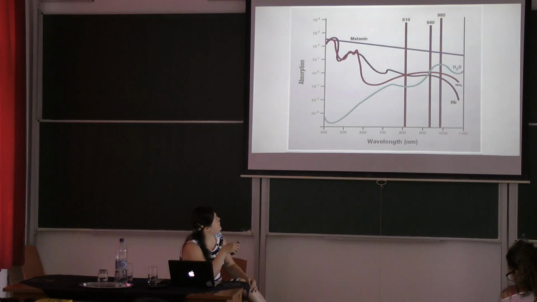So they have found out that 940 has, of course, lower absorption in melanin, but better than in 980, and also the water absorption is like 400% better than in 810, so you can cut very nicely and cleanly with it.